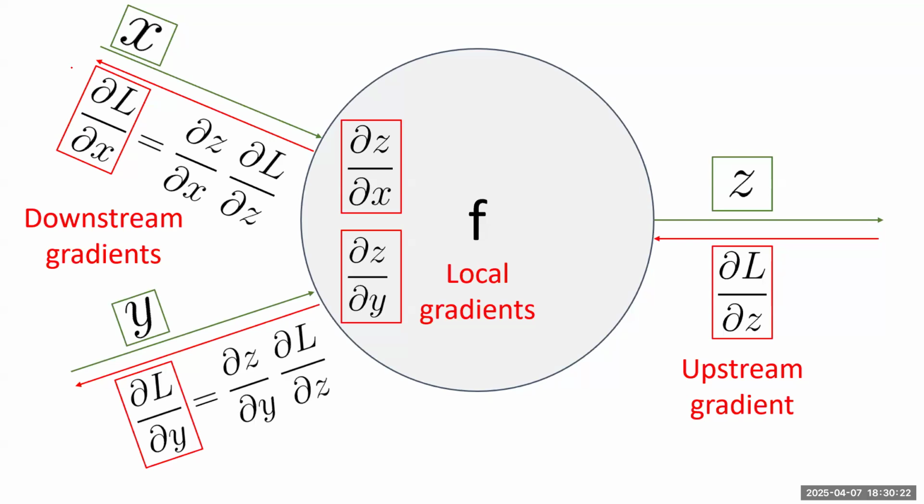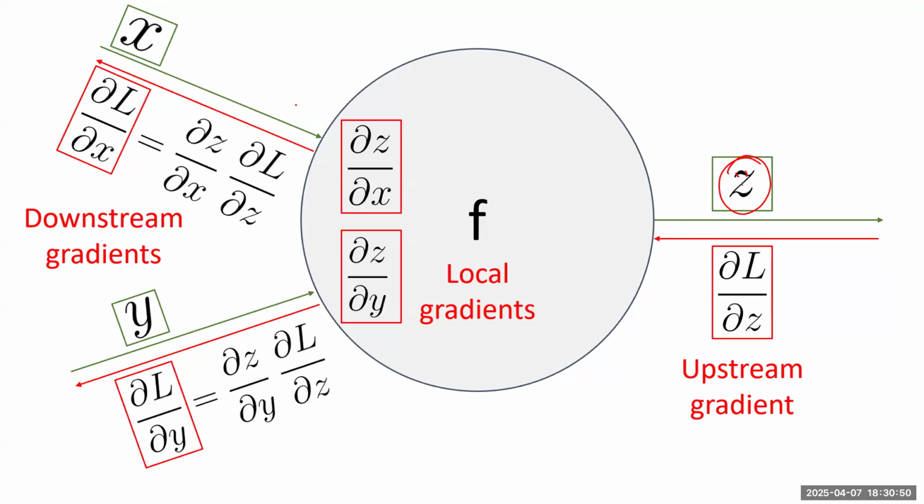First, I'll calculate the upstream gradient, which means the gradient of the loss with respect to this output, times the local gradient, which is the derivative of this output with respect to each one of the inputs. Then multiply this times this, and that will give you the final, which we call the downstream gradient.